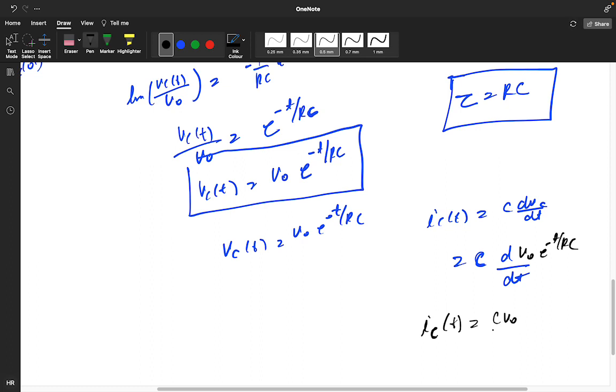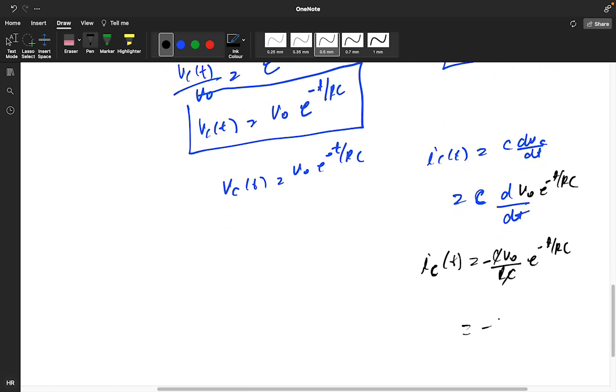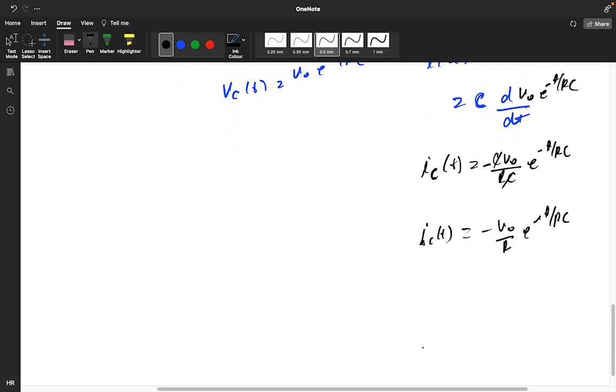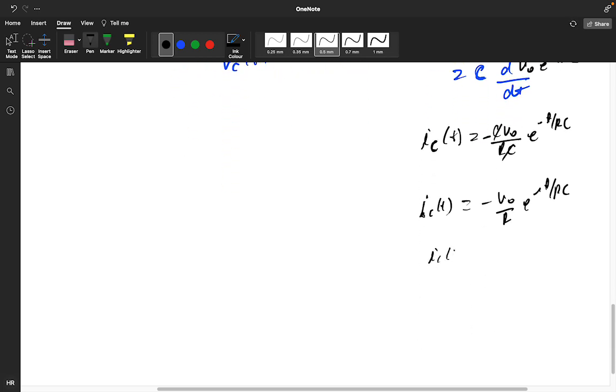C times V naught by RC times minus e power minus t by RC, and the value we get is negative: minus V naught by R e power minus t by RC. This is your IC of t, and we know that IC of t is equals to minus IR of t. So IR of t, you will get V naught by R e power minus t by RC.